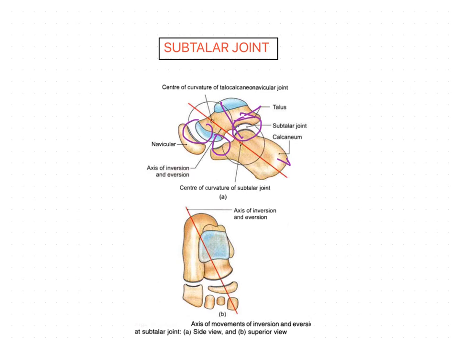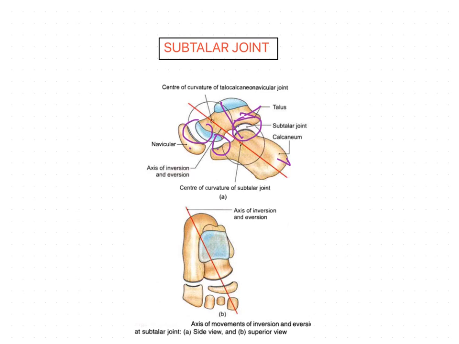Okay. The anterior joints are parts of the Talo-calcaneo-navicular joint, and all these joints are actually placed in front of the head of the talus and not below the talus.